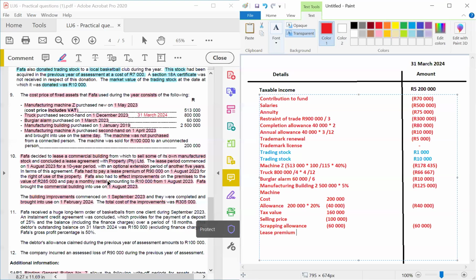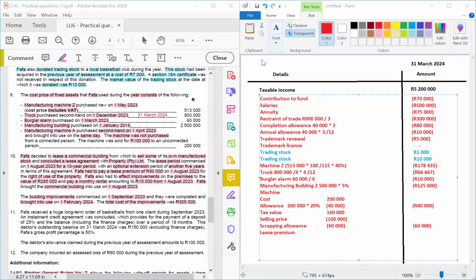Fafa had to pay lease premiums of 90,000 on the 1st of August 2023 for the right of use of the property. If you think of it in another way, some would call it a deposit. That will also work. The lease premium is not that difficult to calculate. What we need to look at specifically here is the months.